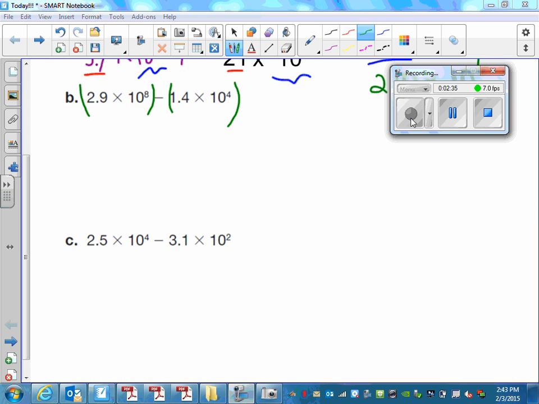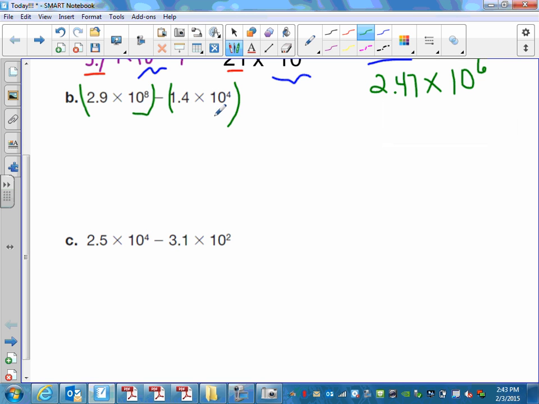All right, B. To do B, we have 10 to the 8th and 10 to the 4th. So another way that we can do those, if you were in a different hour, if you want to just multiply them out and then do the math, that's fine.